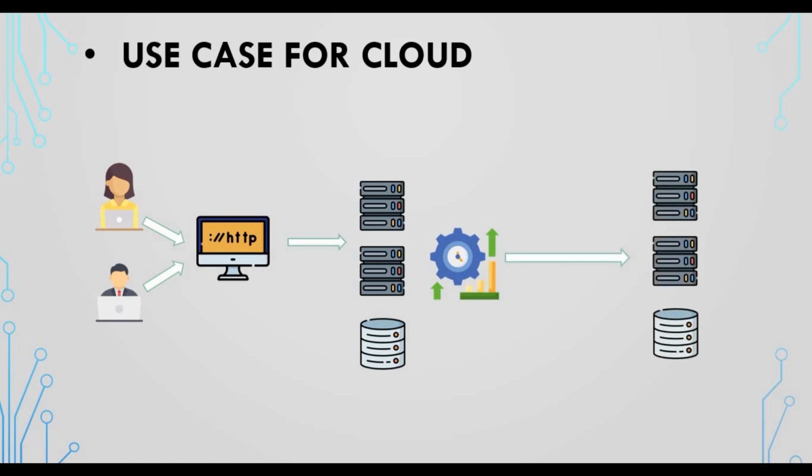Whereas in the case of cloud, it's just some easy clicks, or you can set up all this configuration in your application itself, so that when the load goes high, it can easily replicate your setup as a different set of servers and databases, so that the load for your web-based application is distributed between multiple servers and multiple databases. So that's the benefit of using cloud for scalability. It's very easy to scale.